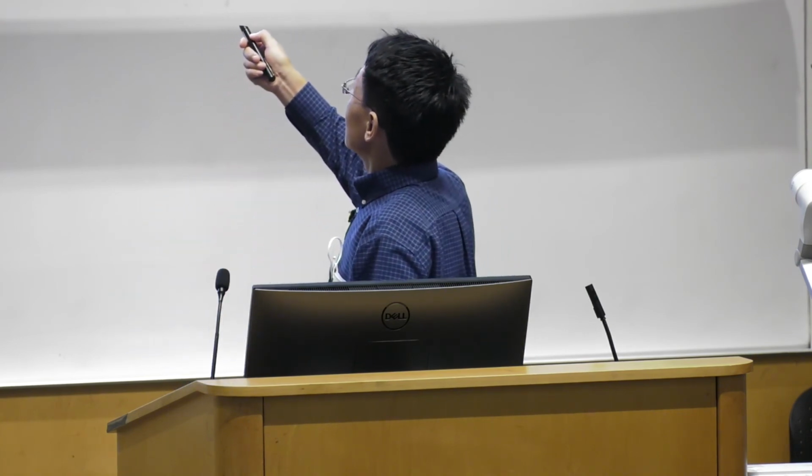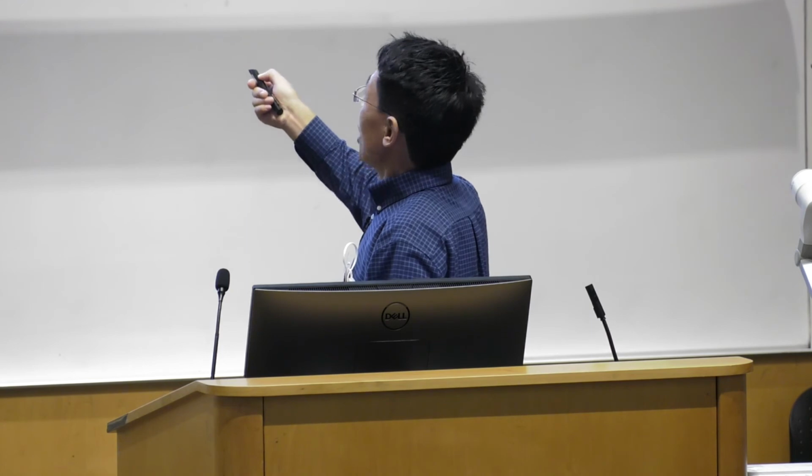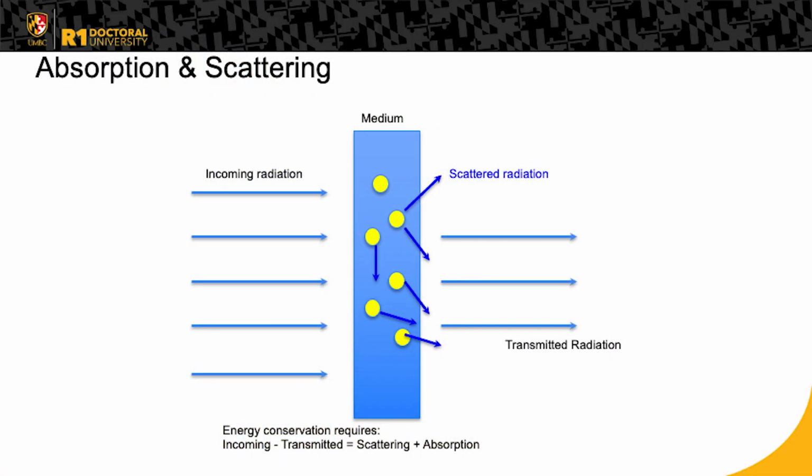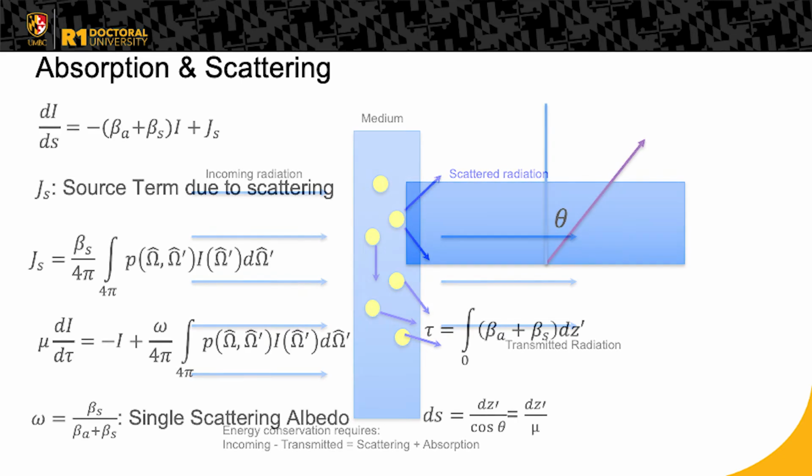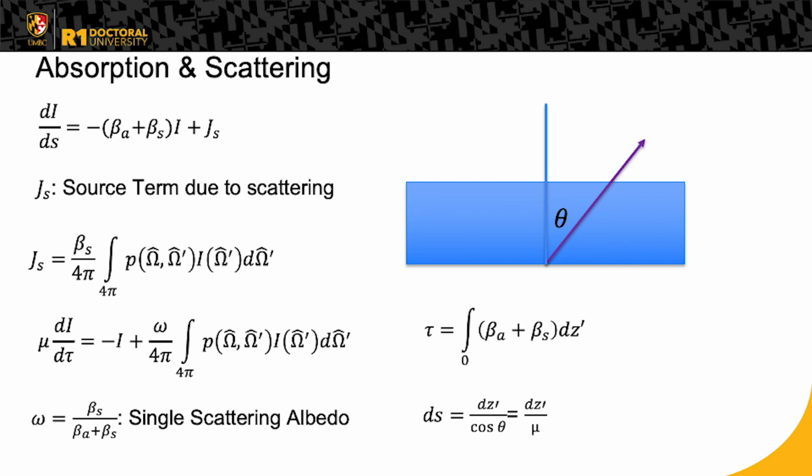If scattering is present, then the light will start to show up in other directions, not just your incident direction. And in that case, the differential of the radiance is proportional to the extinction times I, which is the same as the Lambertian law we just covered, plus a source term due to scattering.